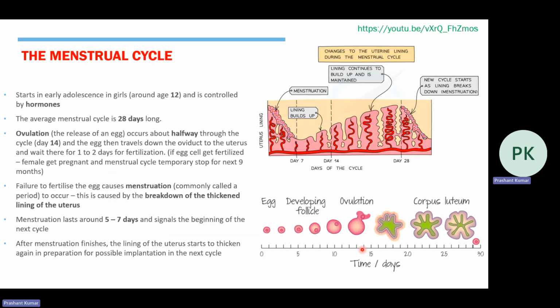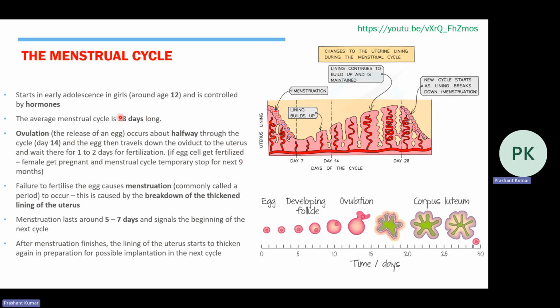The menstrual cycle is a very unique cycle which takes place only in female mammals and some other organisms, right? The menstrual cycle starts from puberty at age 9 to 12 in females, and the average cycle lasts for 28 days, in which ovulation occurs about halfway through the cycle.